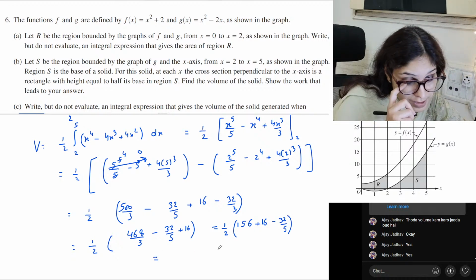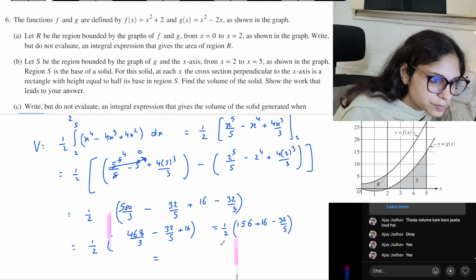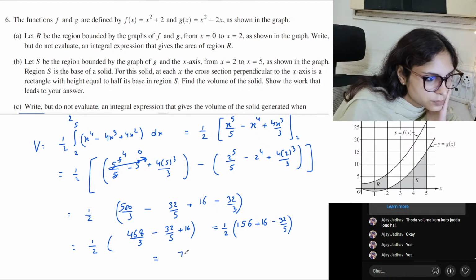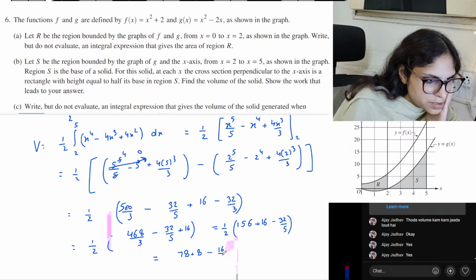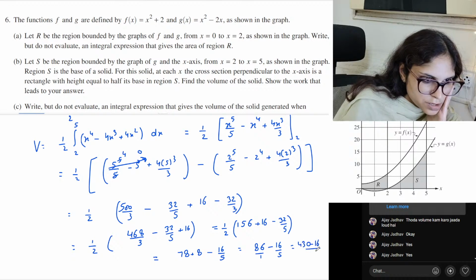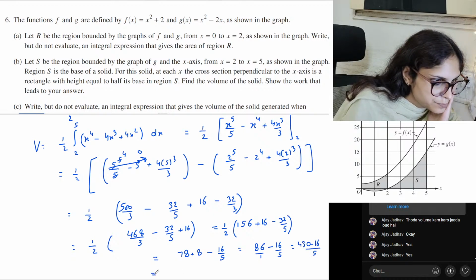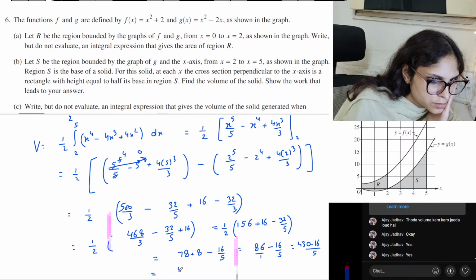So let me take the half now. I think the calculations will be easier then. 78 plus 8 minus 16 over 5. 86 minus 16 over 5. 86 times 5 is 430, minus 16 over 5. 414 over 5 cubic units.